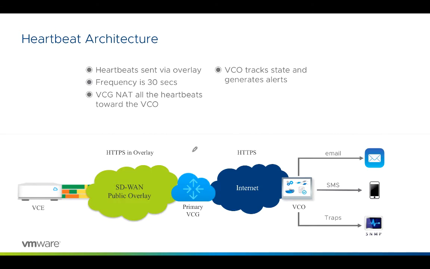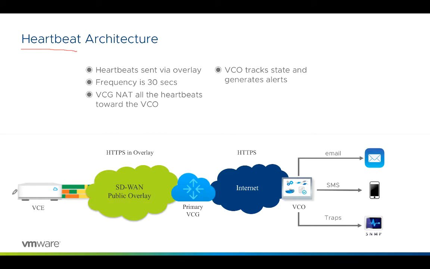So let's understand the heartbeat architecture, because all the alerts which are generated are based on this heartbeat architecture. Heartbeats are typically sent from the edge device to the orchestrator, to the management plane, and the frequency of these heartbeats is every 30 seconds.